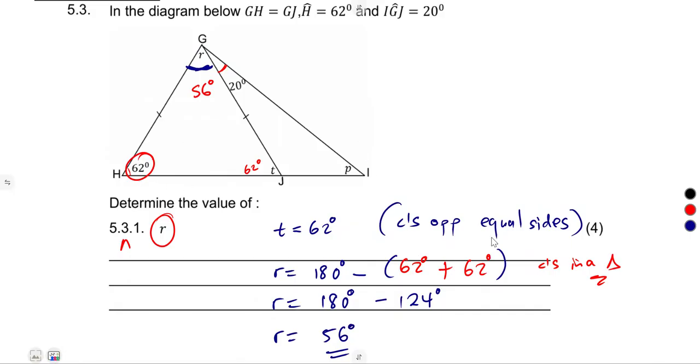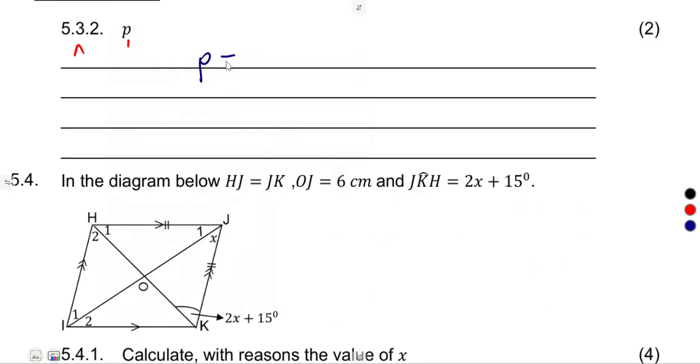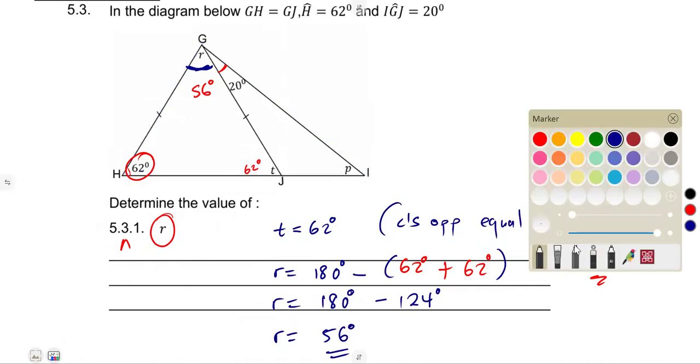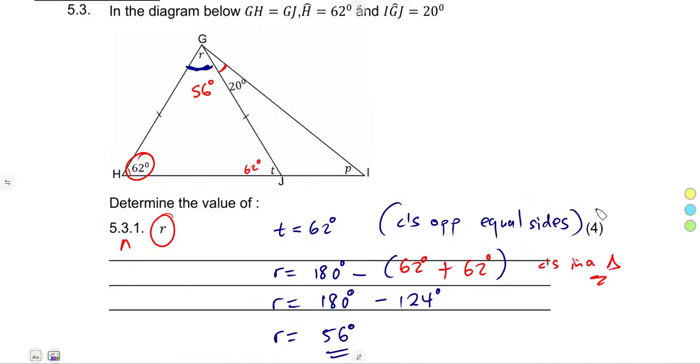Knowing that angles in a triangle add up to 180 degrees, we are going to subtract the angles that are inside the outer triangle. Which angles are we going to subtract from 180? The angle at H. So we are working with triangle GHI.